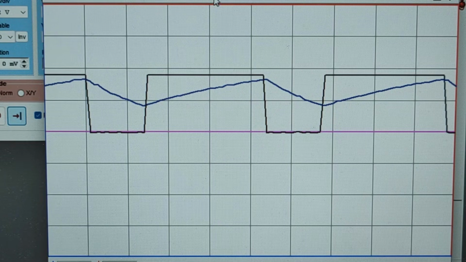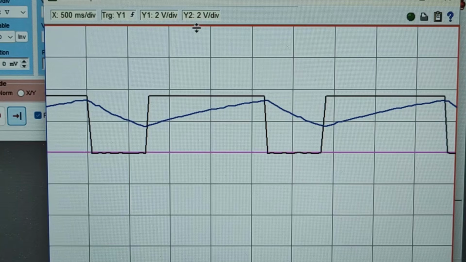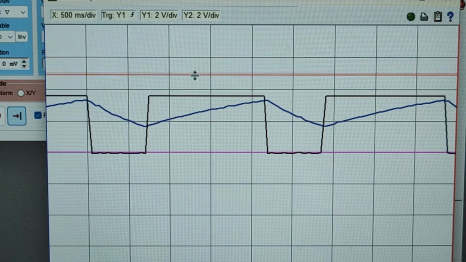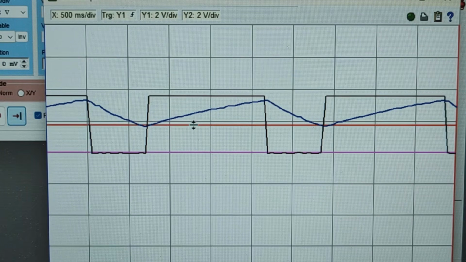Based on our theoretical discussion, during the charging time of the capacitor, the LED will turn on once the capacitor voltage reaches 1/3 of the supply voltage. Our supply voltage is 5 volts, so 1/3 of that is approximately 1.6, 1.7 volts. We can confirm that here by using one of the vertical cursors.